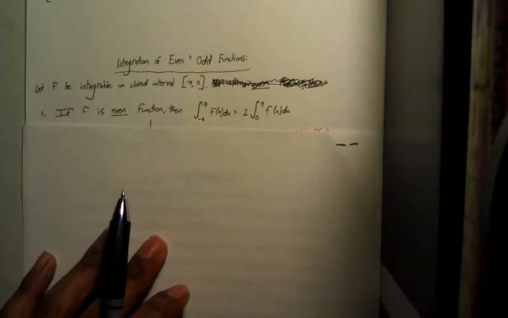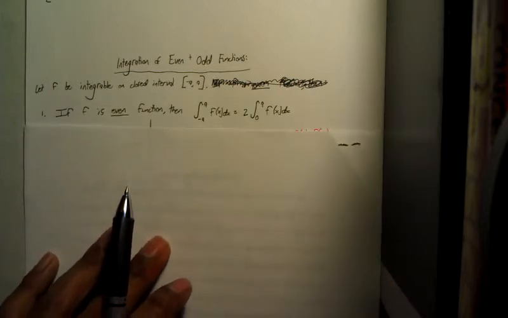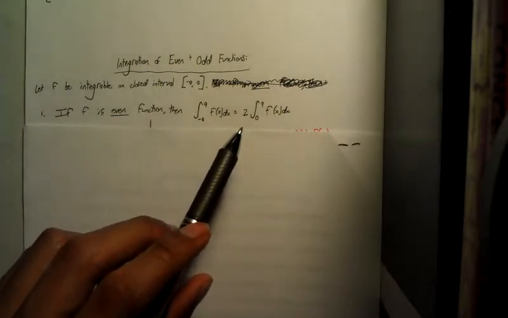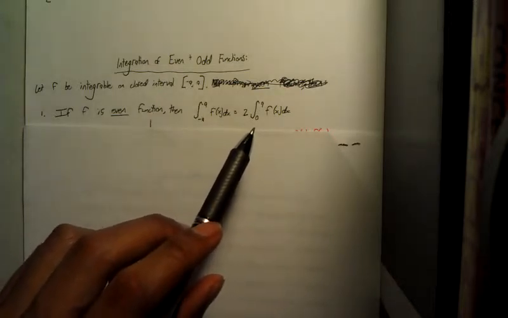Let f be integrable on a closed interval -a to a. If f is an even function, then the integral from -a to a of f of x dx equals 2 times the integral from 0 to a of f of x dx.